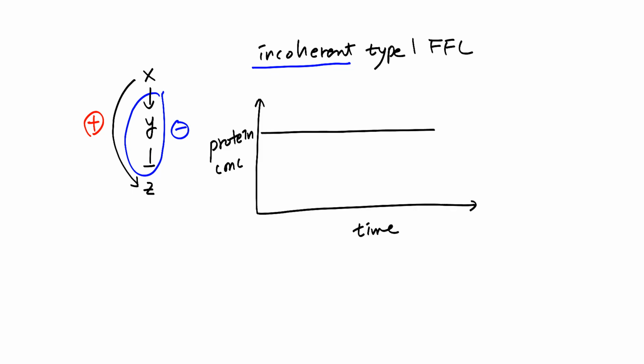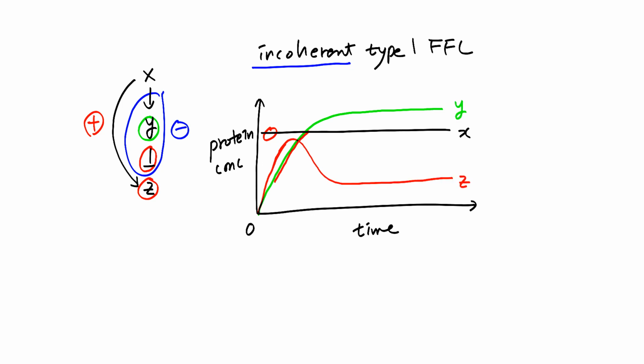We assume that X is constant. X is activating both Y and Z. So let's say Y increases and reaches a steady state. And also we have Z, which increases. But what happens is this. Initially Z will increase, but as Y increases, Z will be suppressed. So we have what's called pulse-like expression for Z.